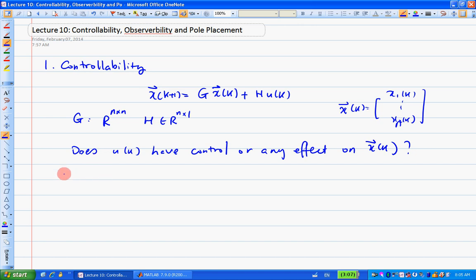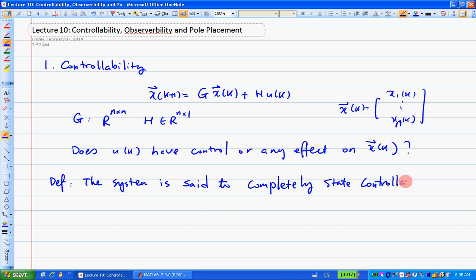So here's the definition. The system is said to be completely state controllable. Completely state controllable means every one of the states here is controllable.